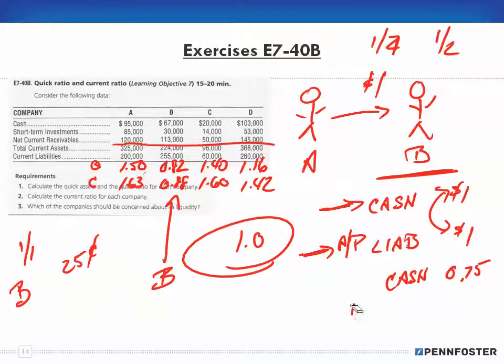But their liability is $1, okay? If person A says, I want what you owe me, person B cannot pay it back, all right? Because they only have 75 cents, all right? So that's why a good ratio is 1-to-1 or greater.